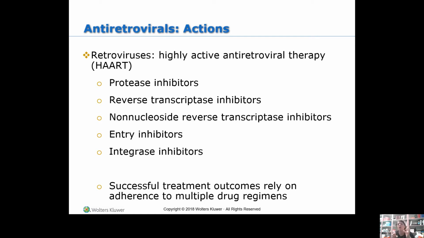And they're all targeting those viruses from different places and working together to ultimately eradicate that virus.